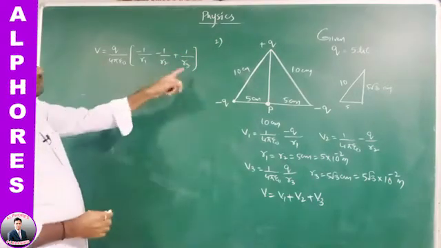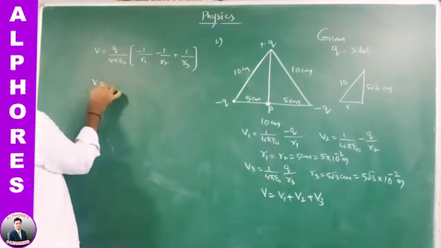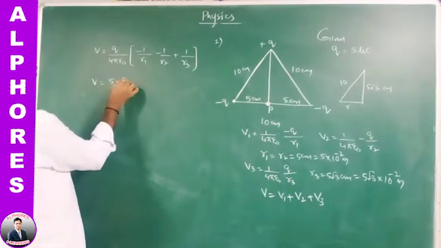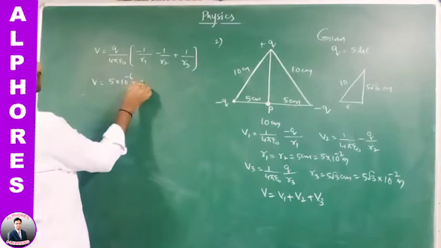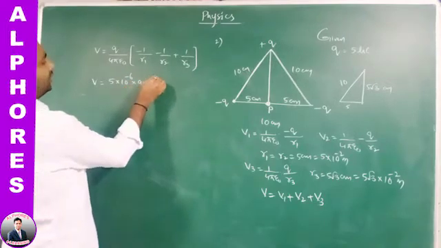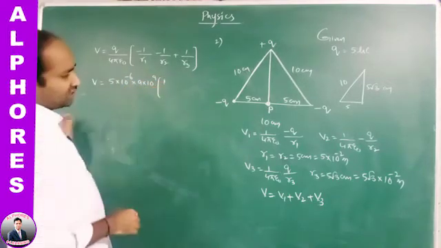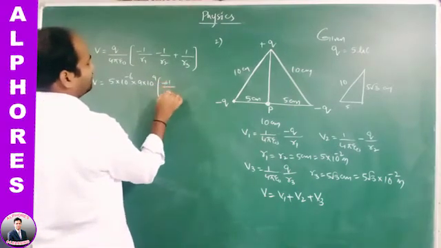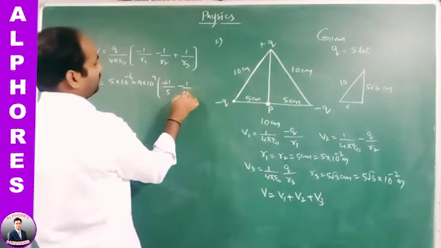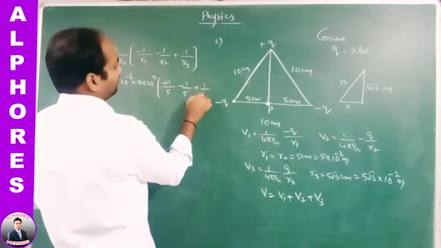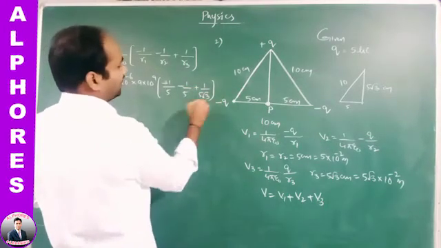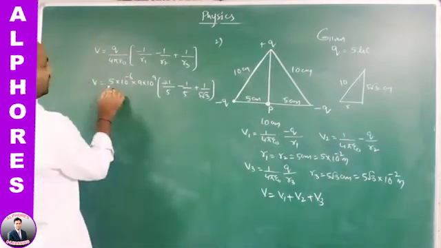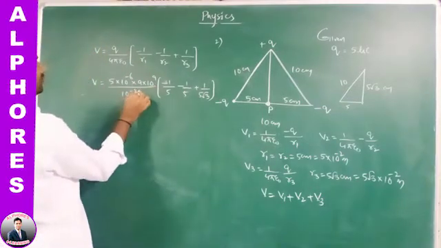Okay, q is equal to 5 microcoulomb, 5 into 10 power minus 6, 1 by 4 pi epsilon naught is 9 into 10 power 9, times 1 by R1 value, 5 centimeters. This is a negative sign, minus 1 by 5 minus 1 by 5 plus 1 by 5 root 3. Centimeters are there, convert into meters, into 10 power minus 2.